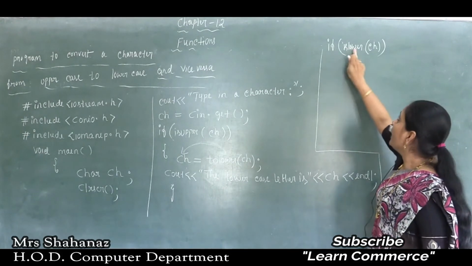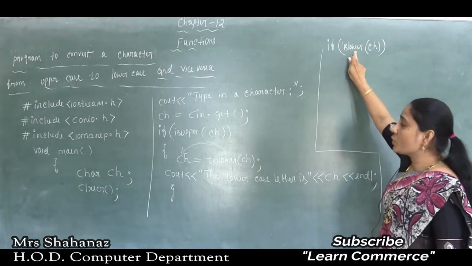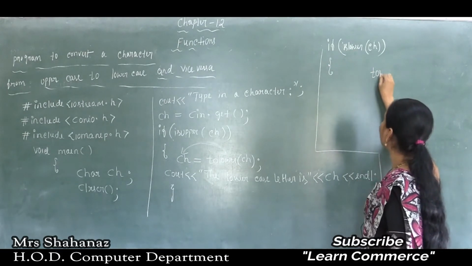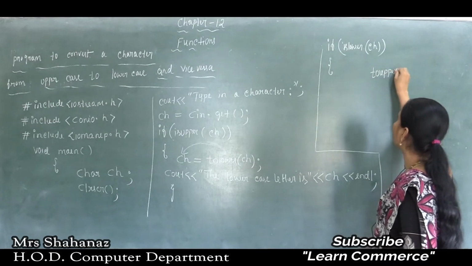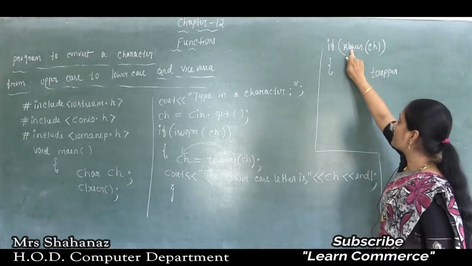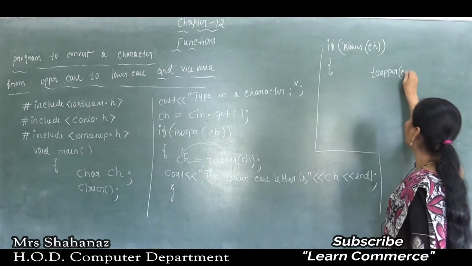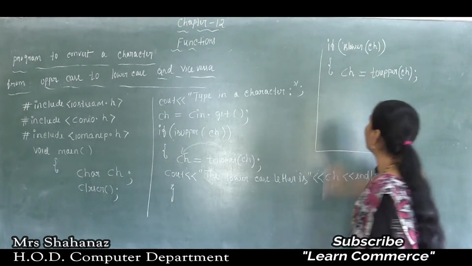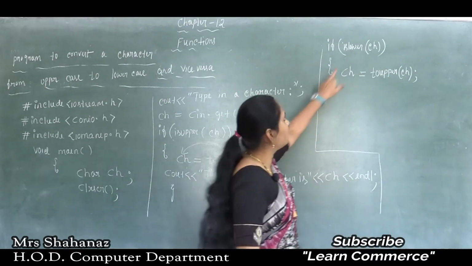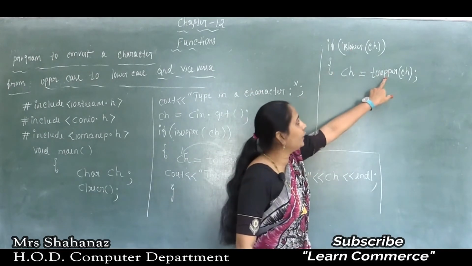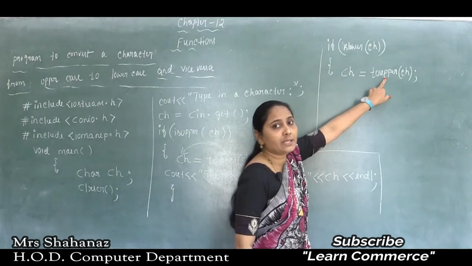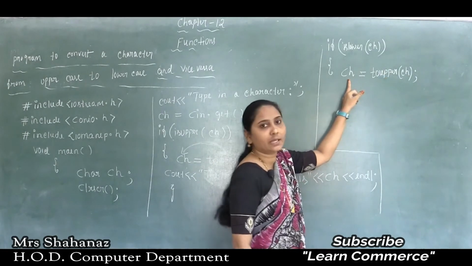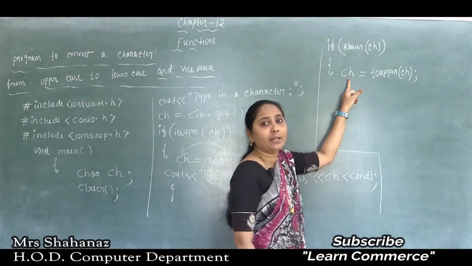So if islower of ch, here if the condition is true, then toupper, that means whatever character we inputted, the lowercase character needs to convert to uppercase, ch is equal to toupper of ch. Clear this point here? After converting from lower to upper, now such a character is there in the variable ch.